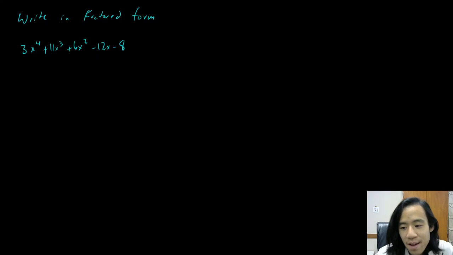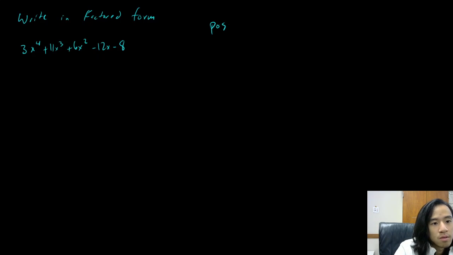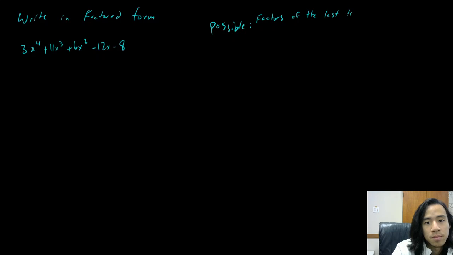So what we have to do here's an example. We have to make a list of all of the possible roots. What that will look like is all the combinations of the factors of the last term.